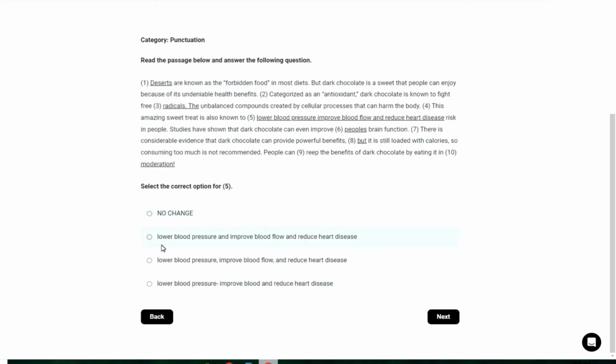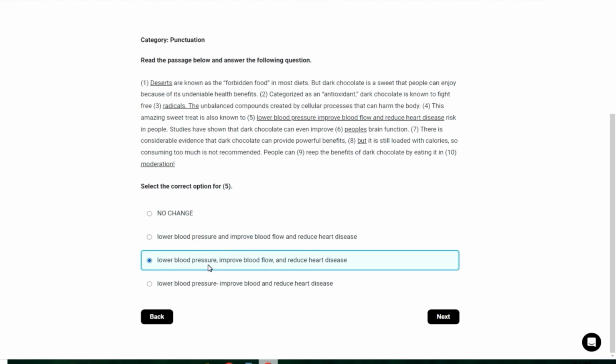2, lower blood pressure and improve blood flow and reduce heart disease. Now that one's not right either because now we're just having a run-on sentence and it doesn't make sense. That's not how we separate thoughts. And when we use a list, which is what we're using here, we're listing 3 different things. We're going to use commas to separate each of the ones, and that's why C is going to be the correct answer here.